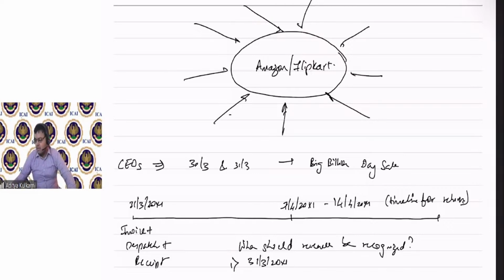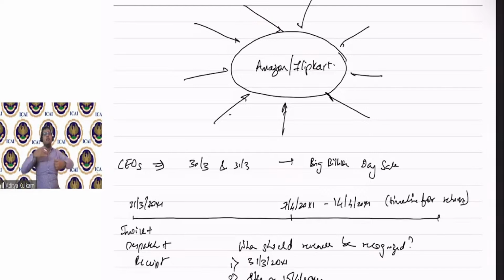Okay. Somebody is saying, sir, you book the revenue after the return period is over. So 8th April or 15th April 20x1. Revenue will be booked in this period. Sir, why? Because the unconditional right to receive the payment is established on 7th April or 14th April.